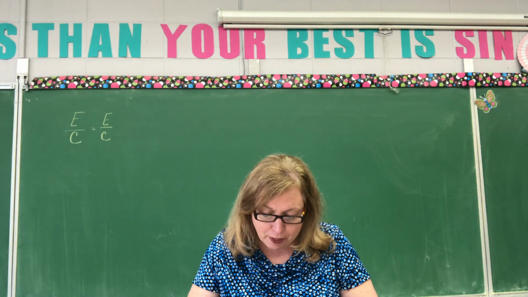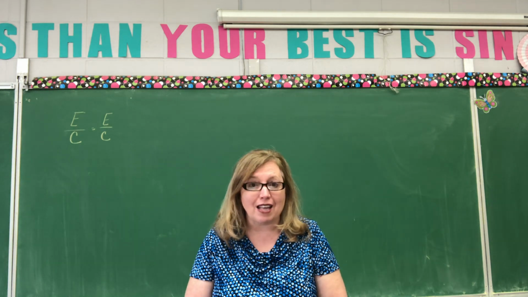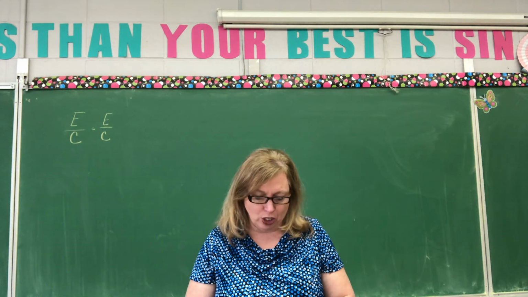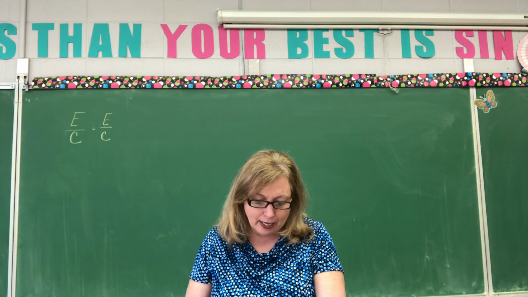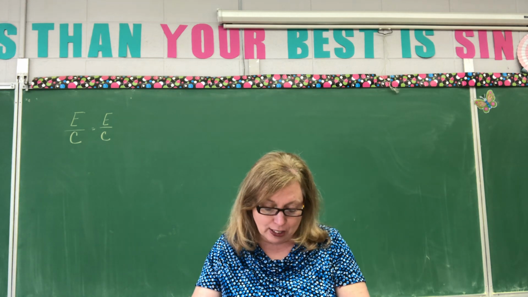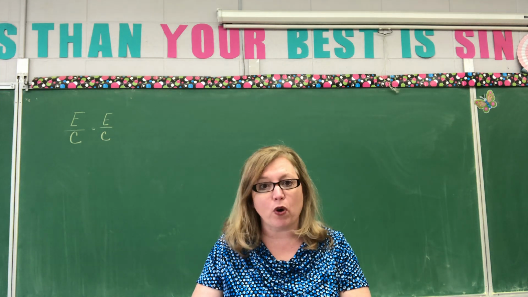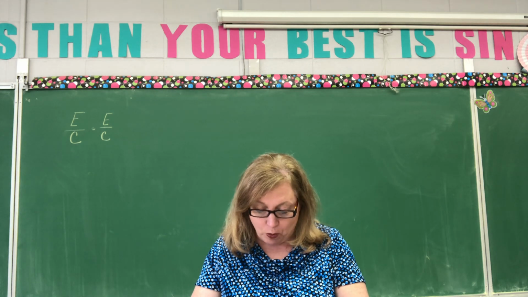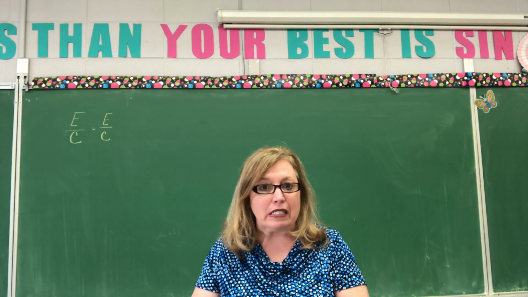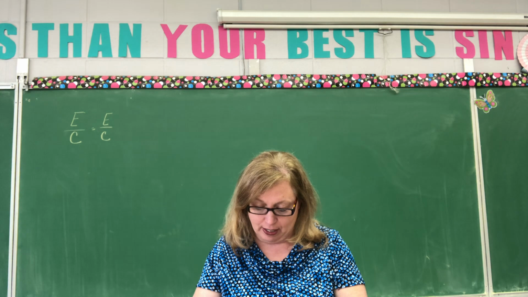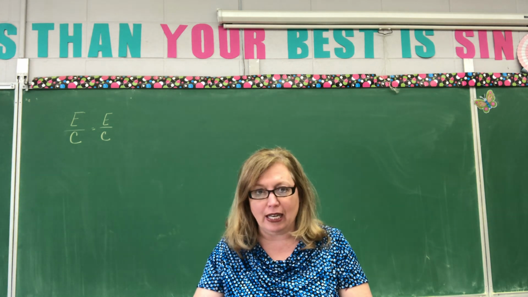Okay? The story problem in our book on lesson 79 on page 222 says, it took 2.5 eggs to make 140 cookies. Jenny wanted to make 1,680 cookies. How many eggs did she need?